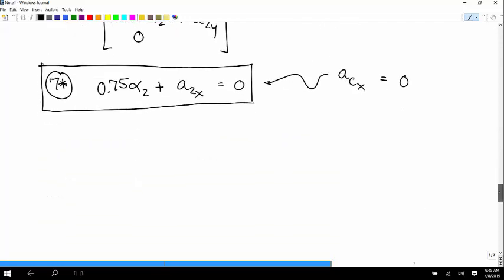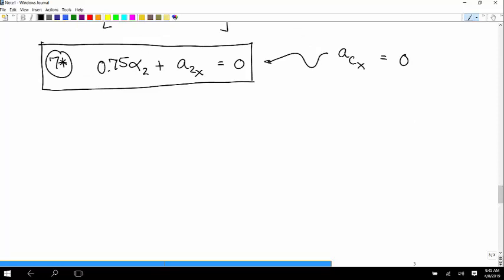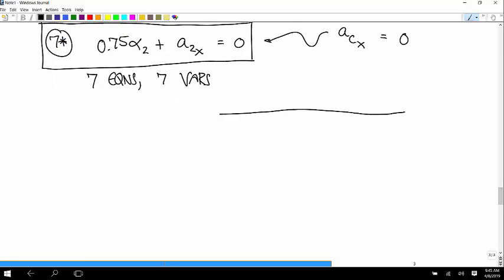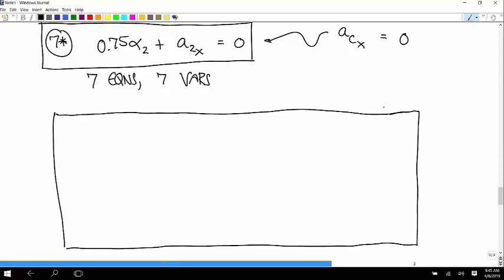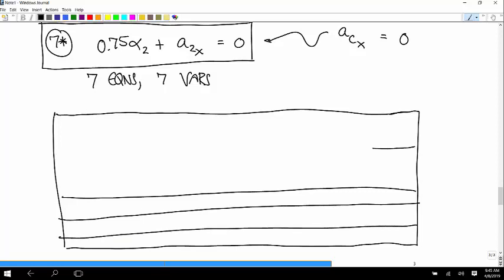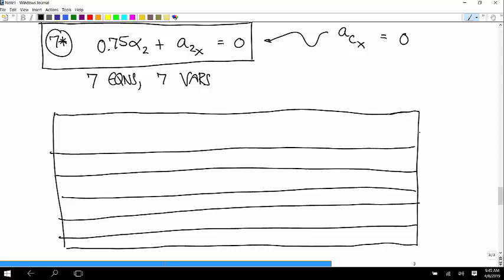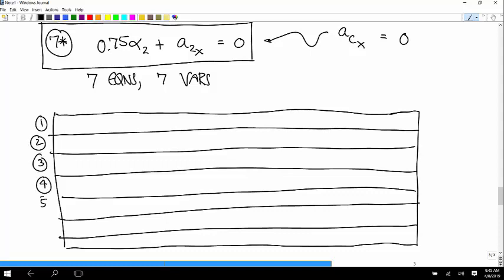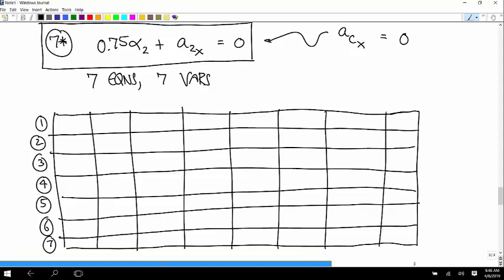Okay, so to solve this, this is 7 equations for 7 variables now. We need a matrix with 7 rows, 1 for each equation, and 8 columns.